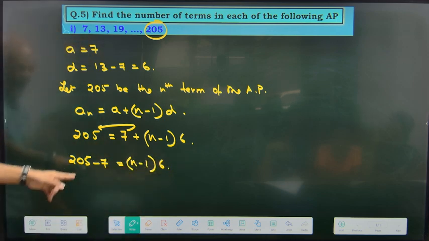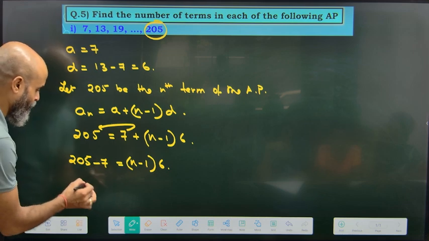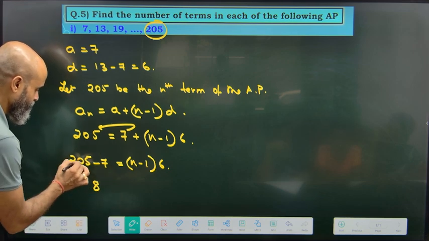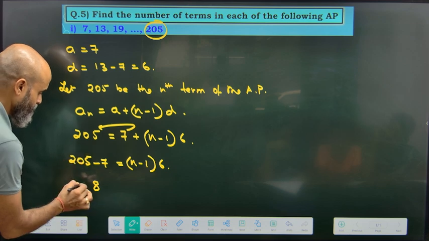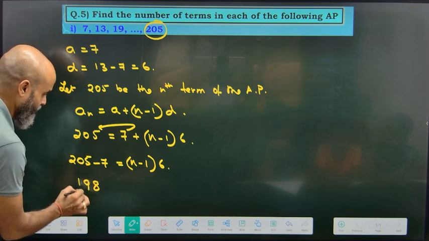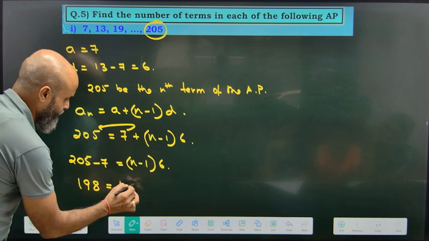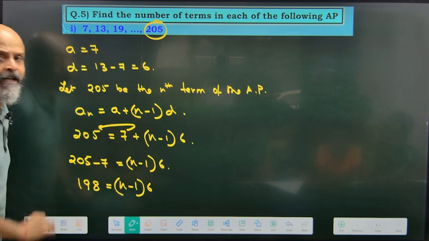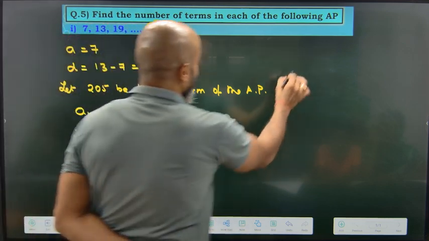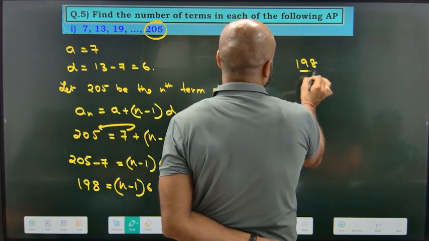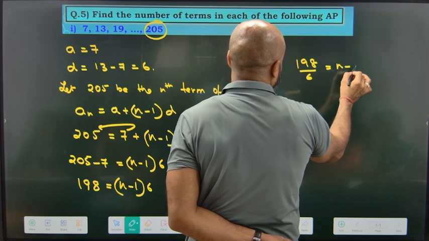Clear? Okay, 205 minus 7, that will be how much? 198. This is 198 is equal to n minus 1 into 6. If I transpose the 6 here, this will be 198 by 6 is equal to n minus 1.